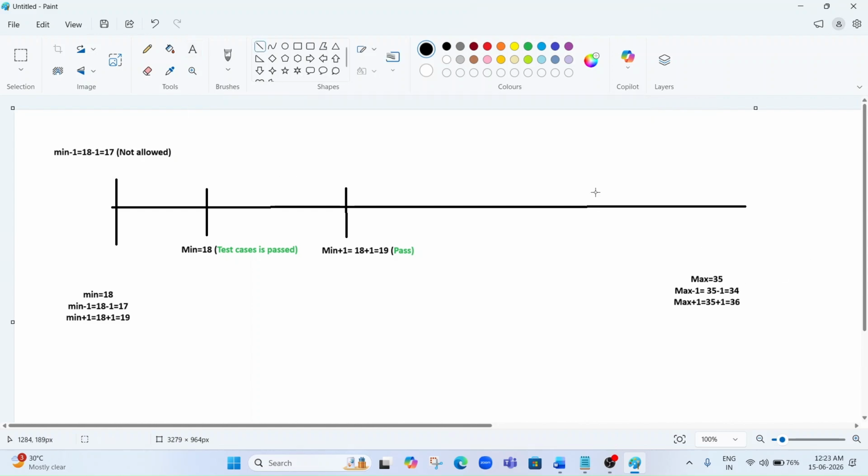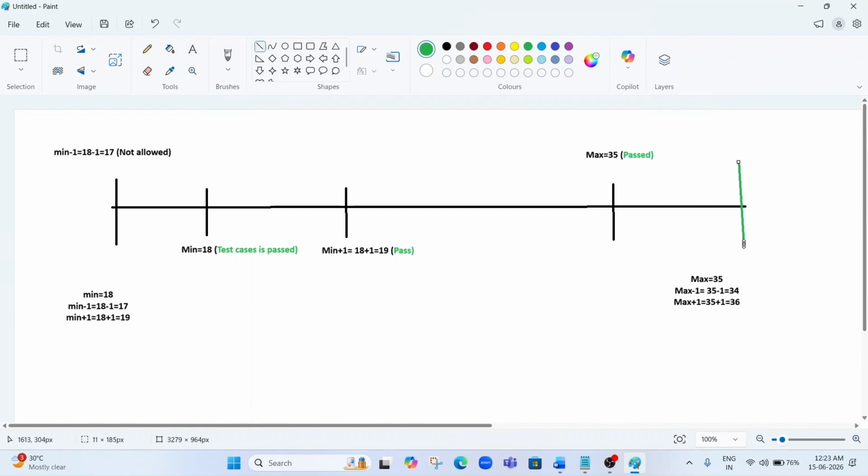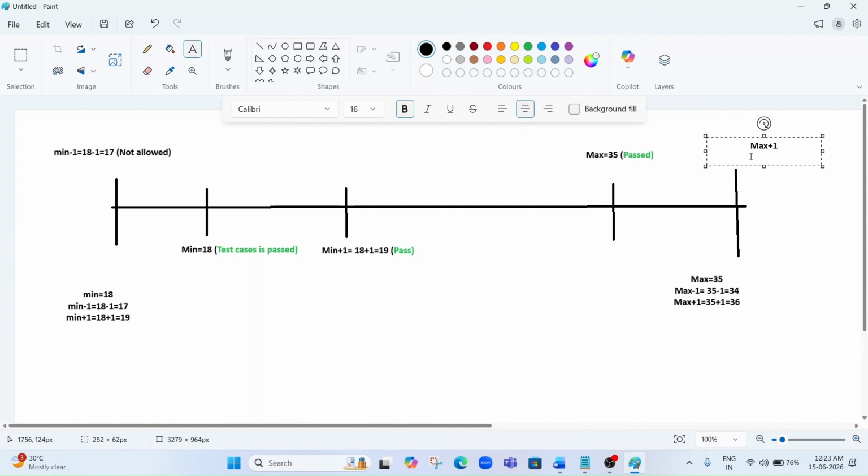Then we will check the 35 scenario. Max equal 35, test case pass, because 35 is accepted here and 18 to 35 is allowed. Then again we'll check the max plus 1 scenario, 35 plus 1 equal 36.